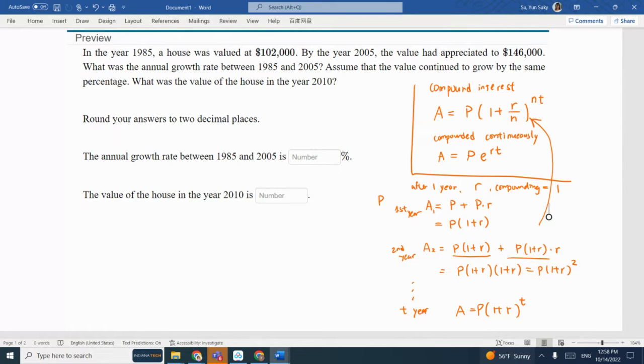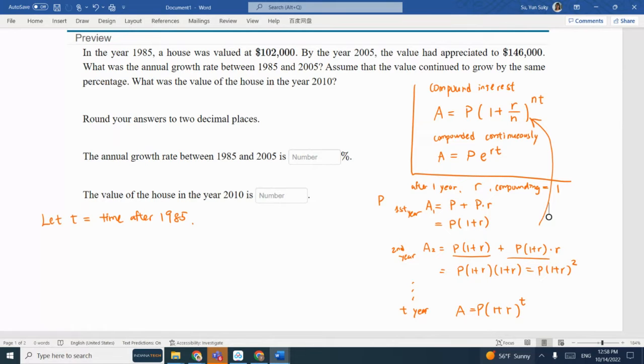Because 1985 is such a big number, I don't want to use that for the time, so I'm going to redefine the time. Let t be the time after 1985.